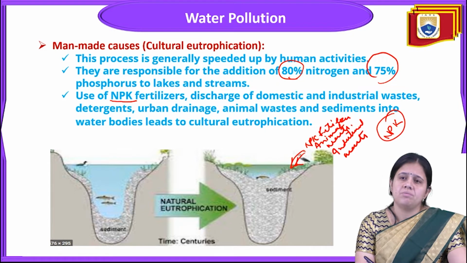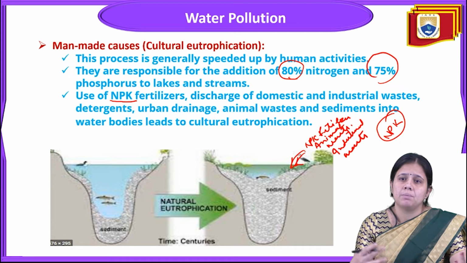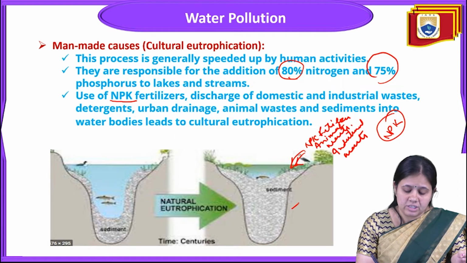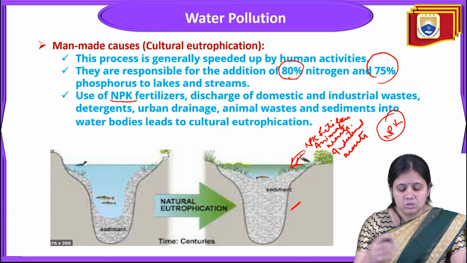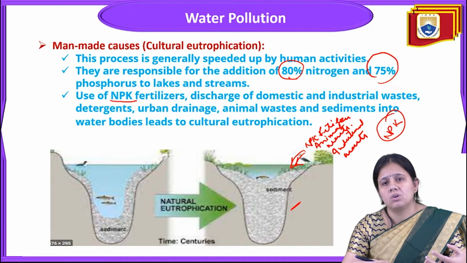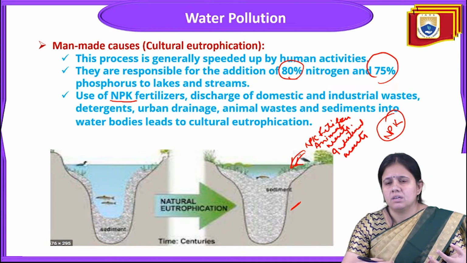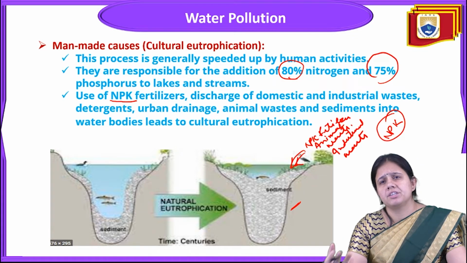With the addition of these nutrients inside the lake, the nutrients will automatically be doubled, and this will lead to a condition called a eutrophic lake. This eutrophication can occur in any lake. It can be natural sometimes, and sometimes it can be man-made. So in both ways, eutrophication will occur.